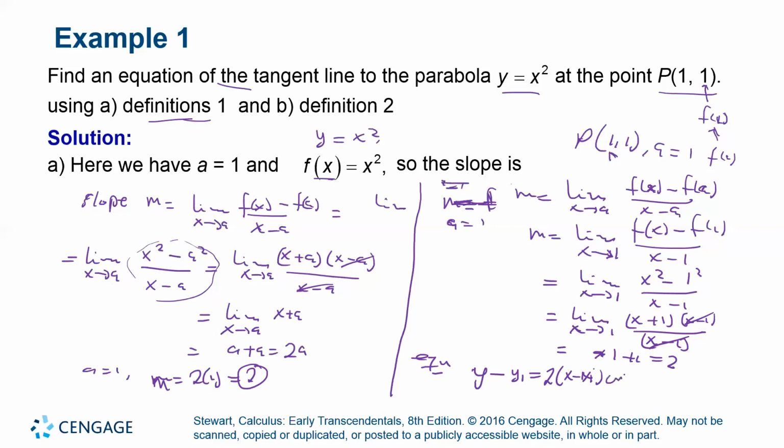Or this is y minus 1 equal to 2 times x minus 1. And that will give us y is equal to 2x minus 1 as my equation. If you remember, we did the same problem in the previous sections, and we had the same equation of the tangent line.